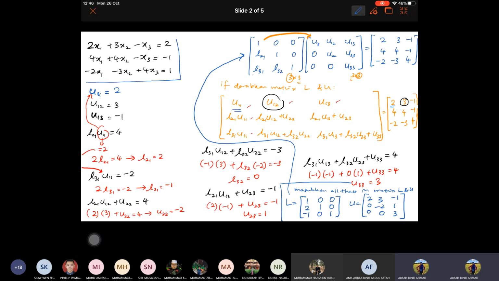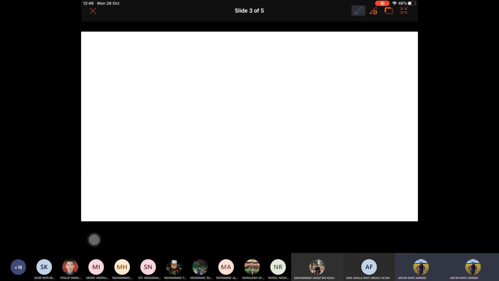Okay, kalau done, I hope everyone is done. Tengok balik matrix L and matrix U yang awak dah dapatkan. Okay, this is your matrix L and your matrix U. So I change to another slide.